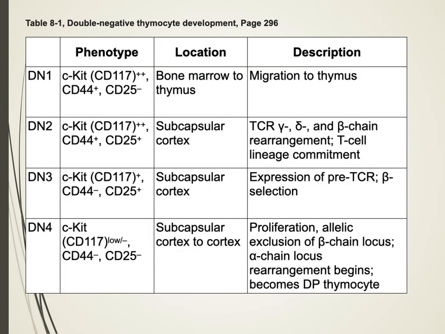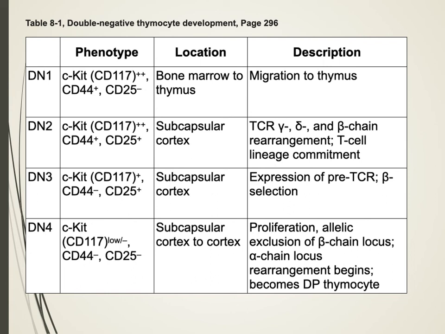So looking at the different expression of the double negative thymocytes, you can see how double negative 1 is the stage it's at when it goes from the bone marrow into the thymus. And so this is going to have high expression of c-Kit because it's going to be the closest to the stem cell stage. We also have CD44 expression.